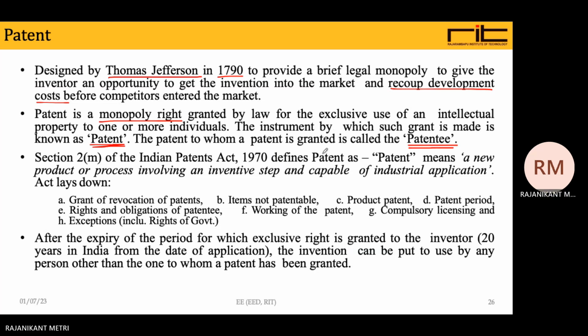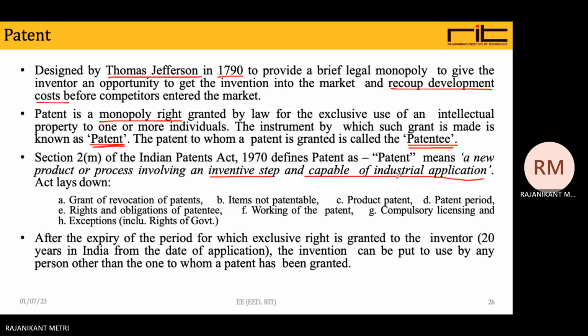Now section 2M of the Indian Patents Act 1970 defines patent as: patent means a new product or process involving an inventive step and capable of industrial application. That is, a new product or process involving an inventive step and capable of industrial application.